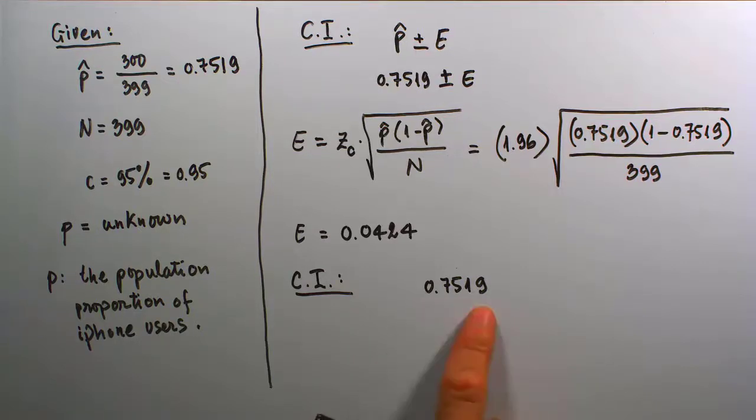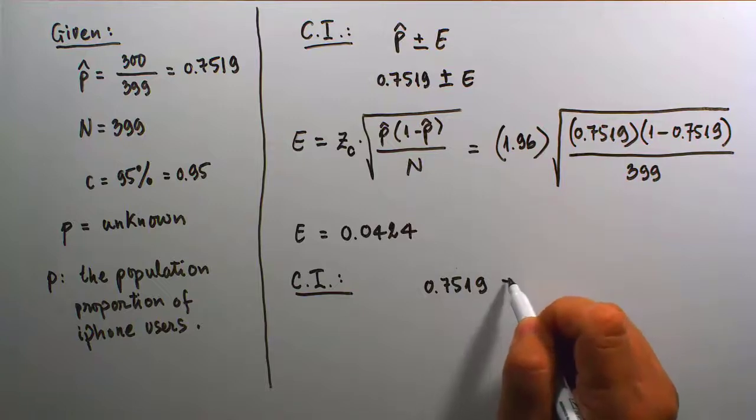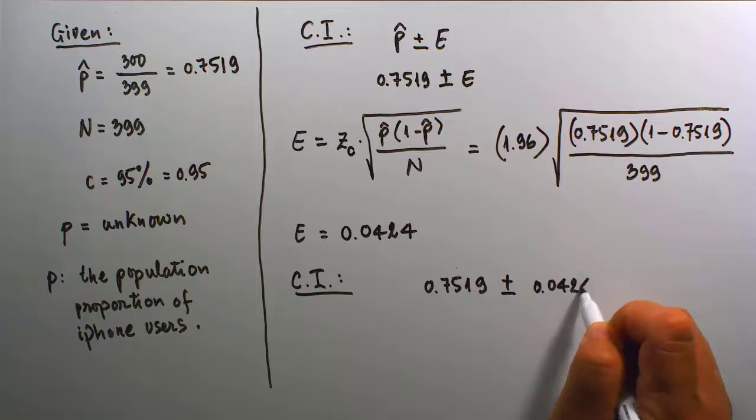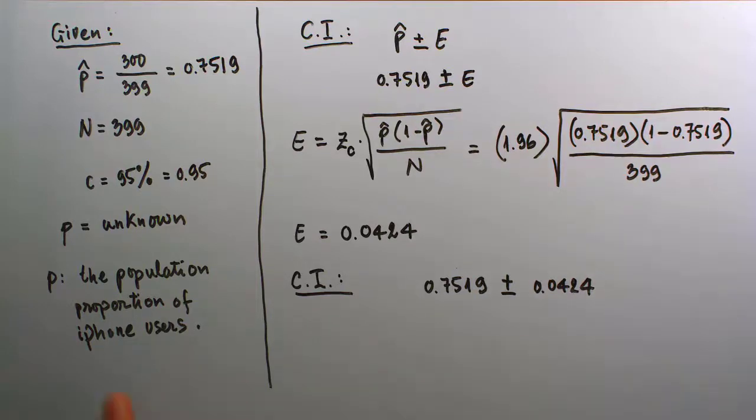So the sample proportion value here is 0.7519, up and down by 0.0424, meaning the true proportion, the global population proportion of iPhone users, is anywhere 0.0424 up and down from our sample proportion, currently being 0.7519.